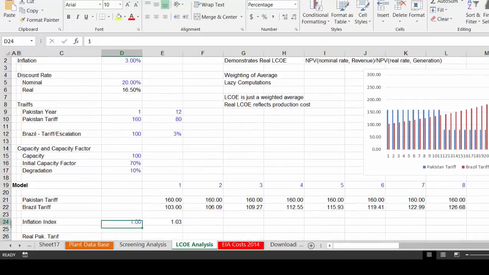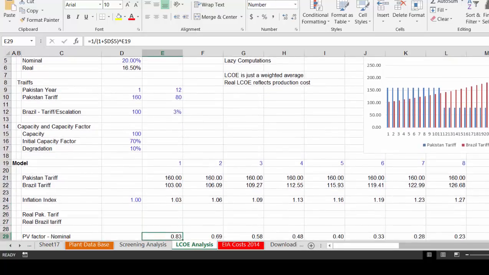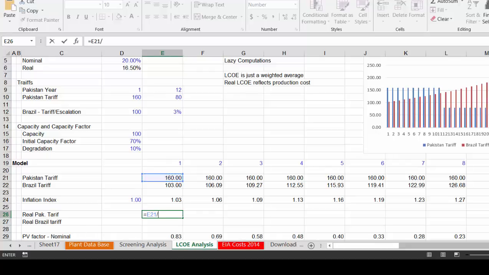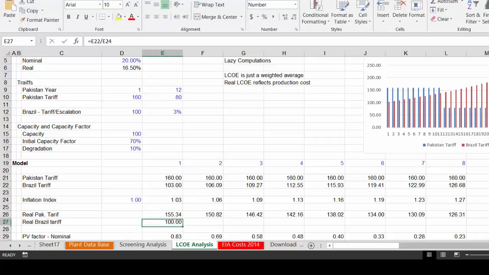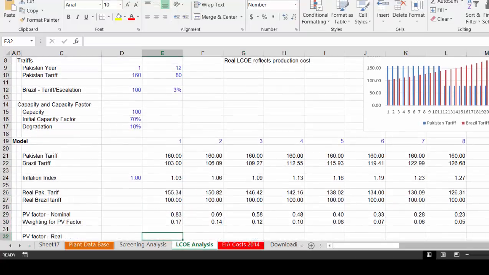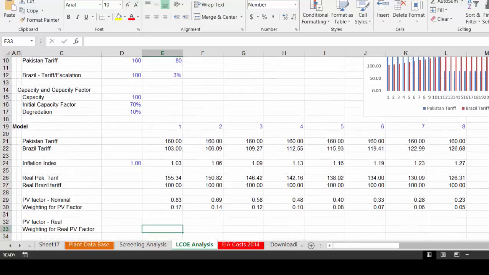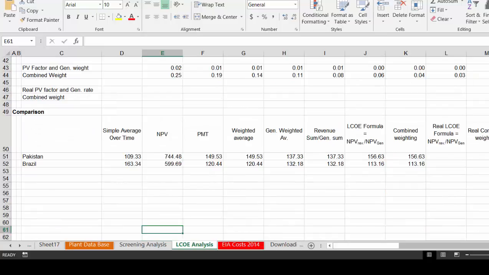The reason is that when we compute the Brazil one, we'll use the Pakistani one to get the real amount adjusted for inflation, and then divide the Brazil one by inflation. The Brazil LCOE had better be 100 in real terms, no matter what discount rate we use. I haven't computed it yet.